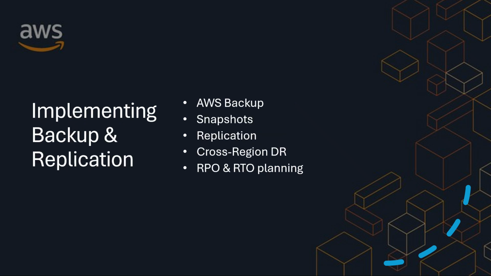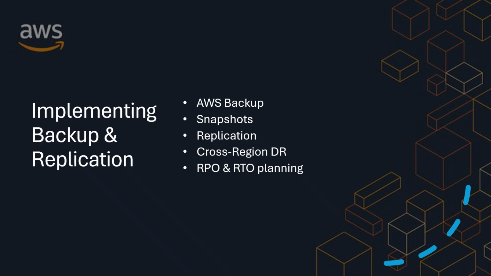Data security also includes ensuring that your information remains available even during failures or disasters. AWS Backup provides centralized, automated backup management across services like EBS, RDS, DynamoDB, and EFS.